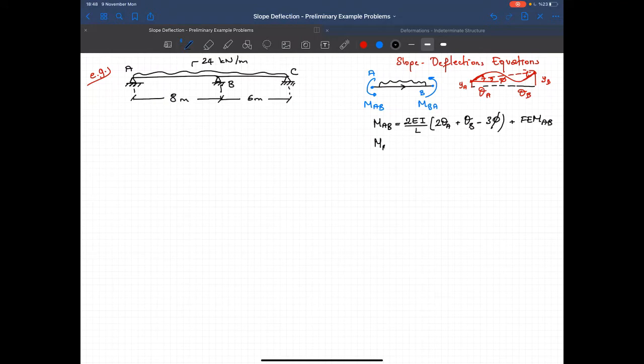Now moment BA is equal to 2EI over L times theta A plus 2 theta B minus 3 times phi angle plus the fixed end moment BA. And this is the case when we have moments at both sides, and we have 3 deformations defined by using these 3 parameters.